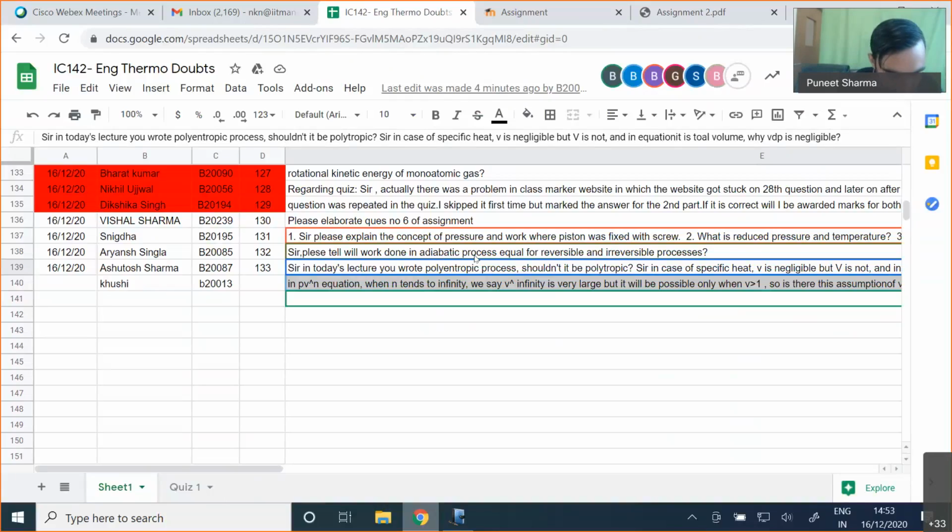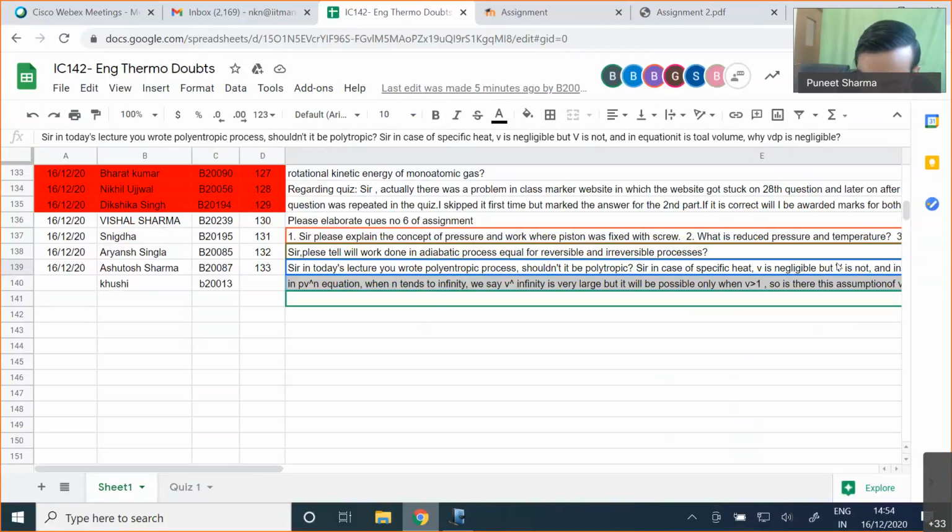Okay. Now Asutosh has written one question. In today's lecture, you wrote polyentropic process. Shouldn't it be polytropic? Yes, I think I have mistakenly written polyentropic. It should be polytropic process. In case of specific heat, v is negligible, but V is not.